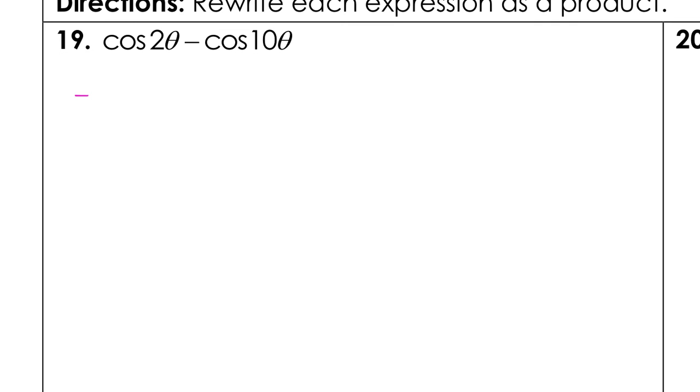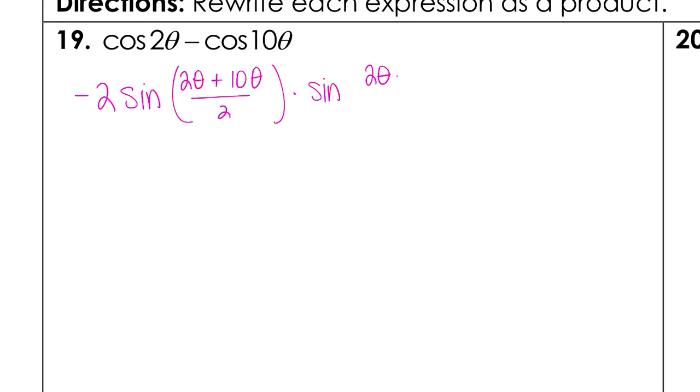Okay, so starting with the -2, sine of adding the two angles, so 2 theta plus 10 theta all over 2, and then times sine of now subtracting them, 2 theta minus 10 theta over 2.